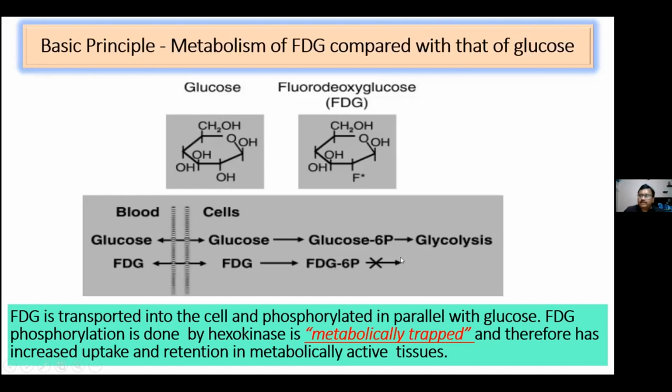These travel to the detectors and are caught by the detectors, and therefore we get a map of where the malignant cells or malignant tumor or the malignant processes are in the body. That is how we map the malignant cells in the body, because of this unique phenomenon of FDG 6-phosphate not undergoing glycolysis.